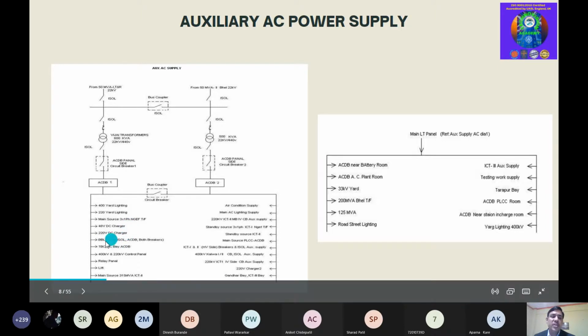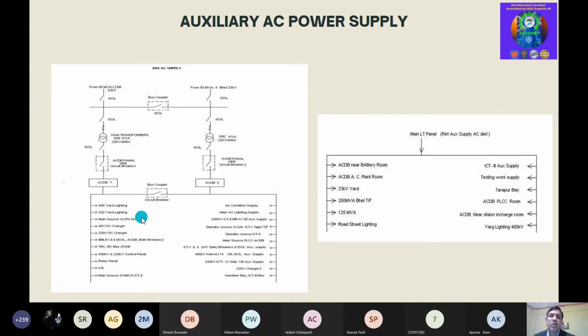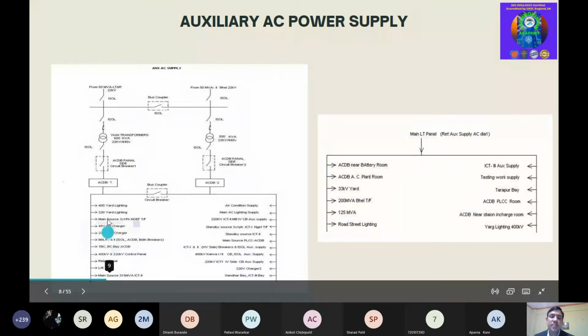Again, we provide this AC supply to the breakers and even isolators when there are motor-operated isolators. For air conditioning, indoor lighting, panel lights, and even control and relay panels, there is an arrangement of AC supply. So everywhere we provide this AC supply.